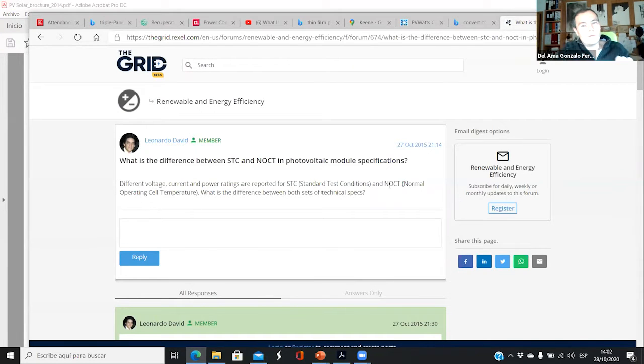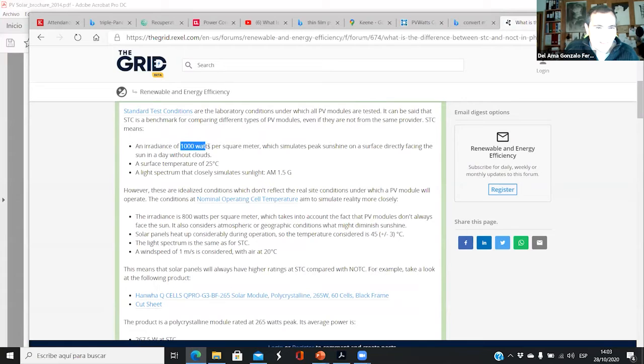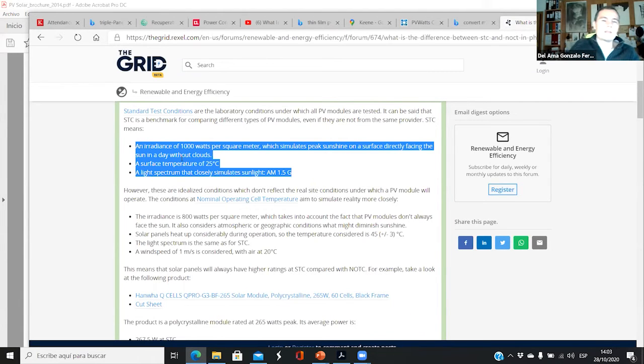Then the right temperature for the PV cell, which is 25 Celsius, around 72 or 73 Fahrenheit. And then a light spectrum that closely simulates sunlight. So we have three conditions for this standard. Those are the best possible conditions on the Earth's surface. Does it happen? Maybe it happens 1 second per year.